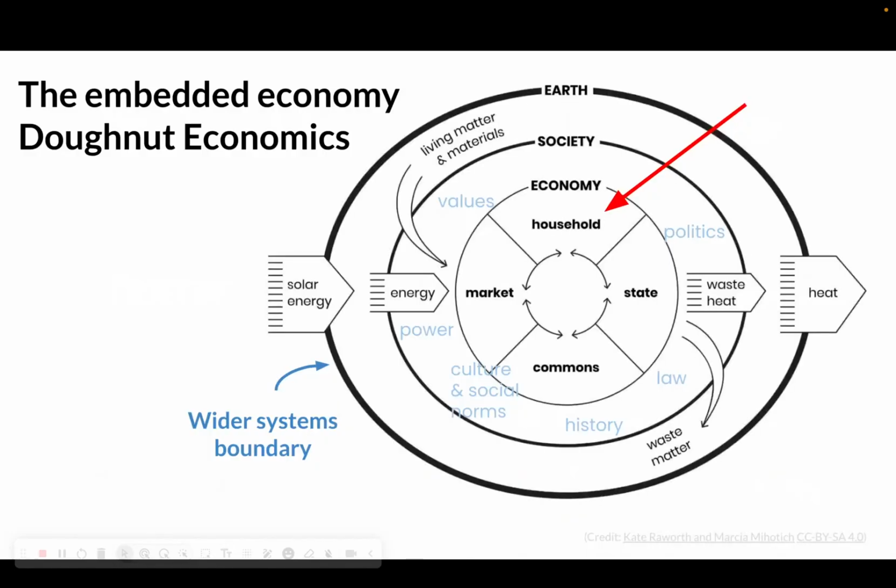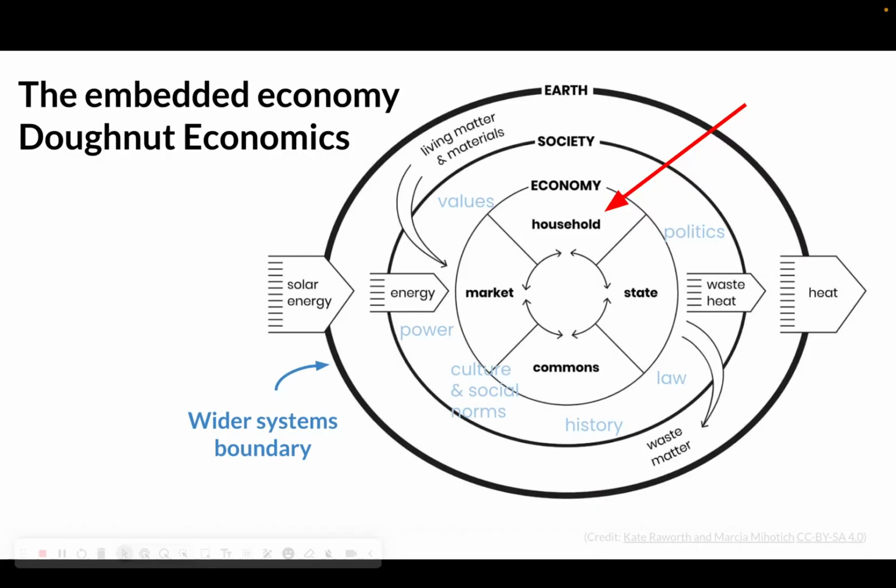In the Regenerative Economics course, households sit as a part of the economy, along with 3 other provisioning institutions: markets, state, and commons. You can see it here in the center of this embedded economy diagram. This comes from Donut Economics, Kate Raworth's book.